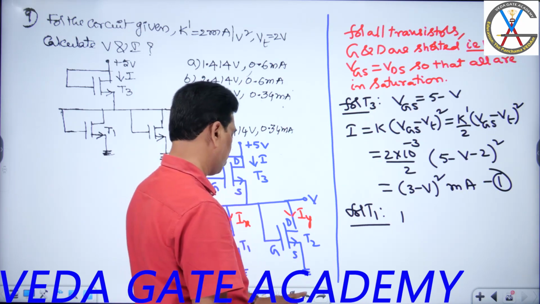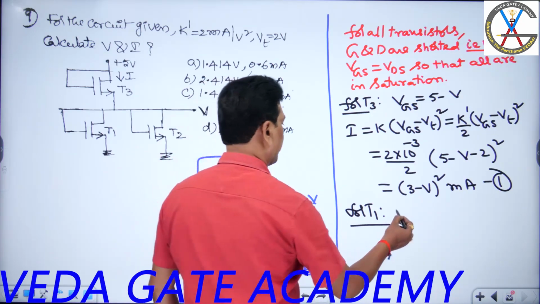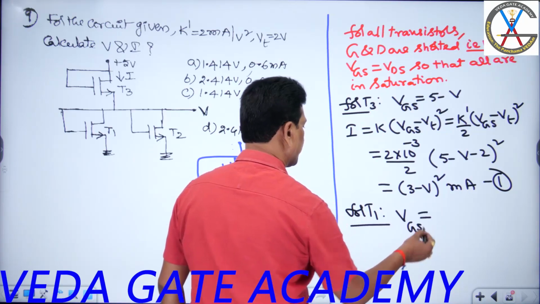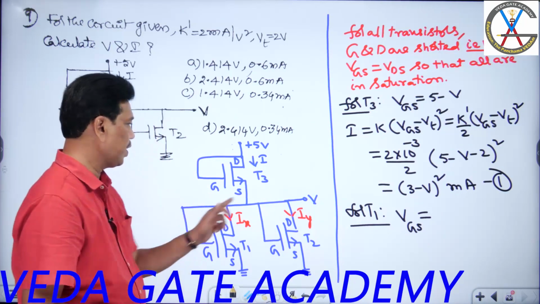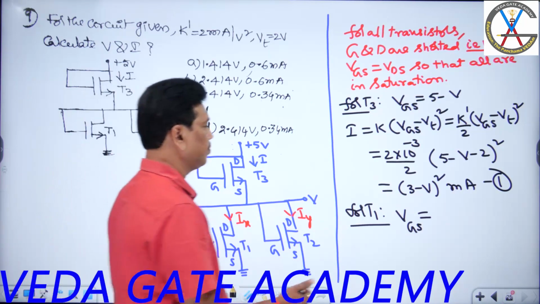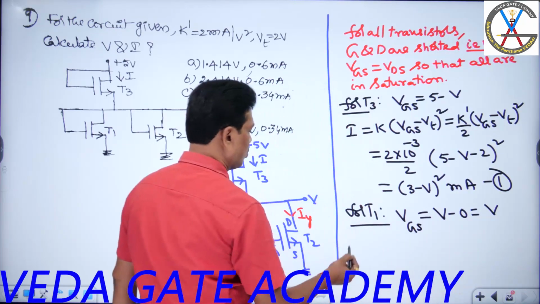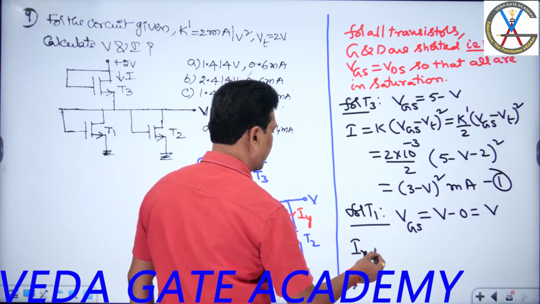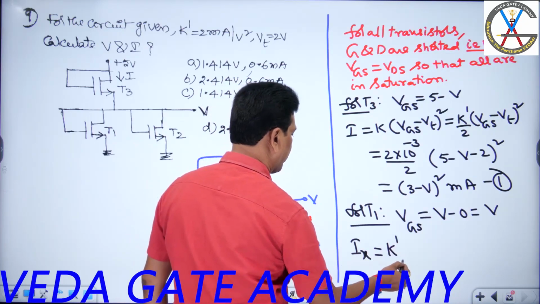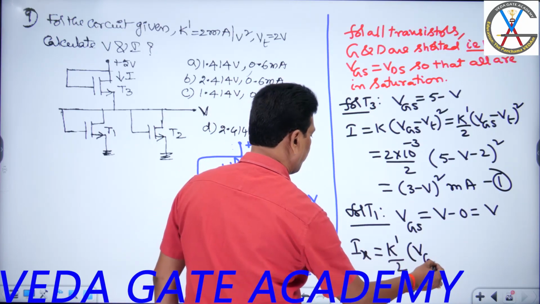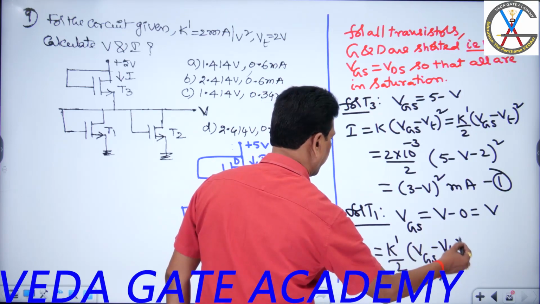For T1, VGS equal to Vg minus Vs, sir. Vg equal to V, source potential is 0, so VGS is V, right? Here current I can call Ix, that equal to K dash by 2 into VGS minus Vt whole square.